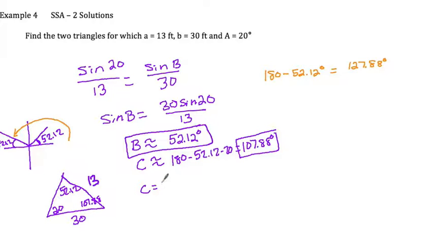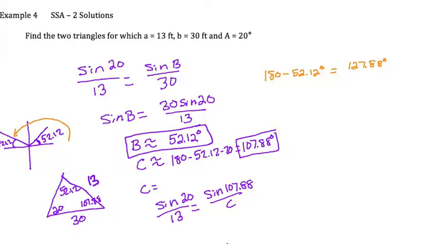So sine of 107.88 over C is equal to sine of angle A over 13, since we're trying to find side C. Let me get my calculator.